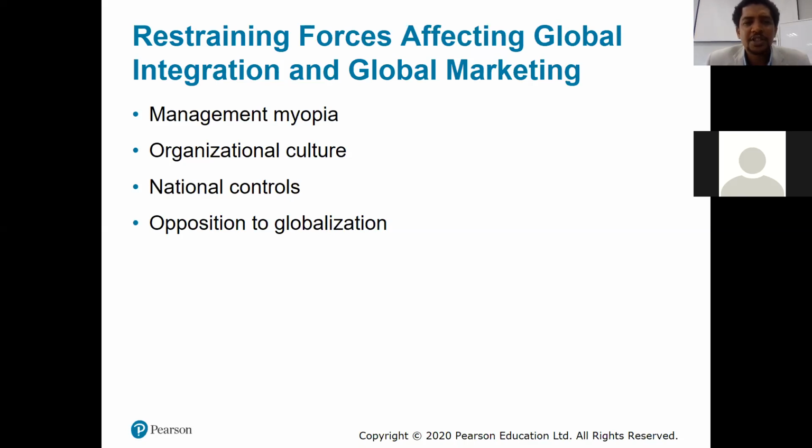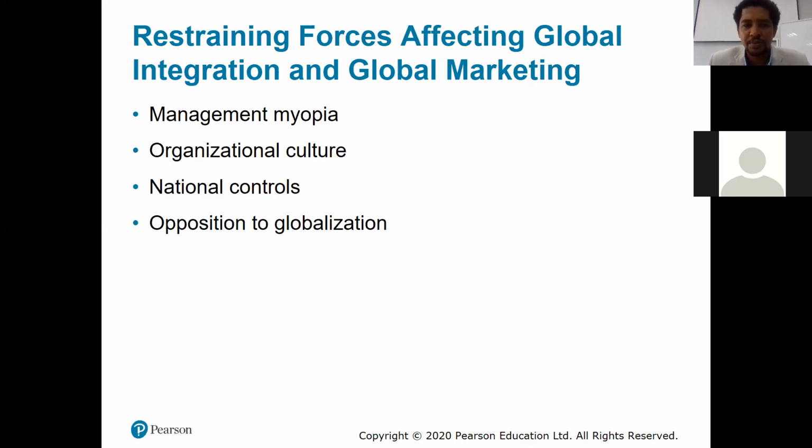But sometimes the organizational culture itself might also affect the global integration, the culture with which the organization operates. If it doesn't entertain integration or global competition, then it is a restraining force for global marketing.